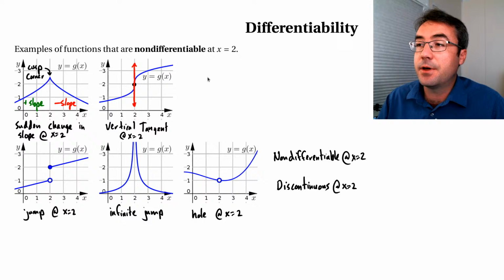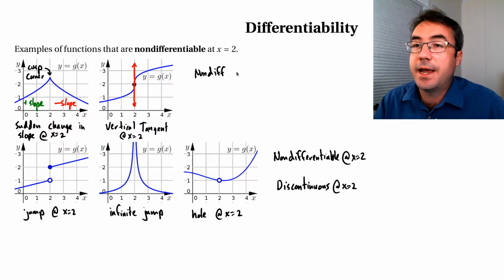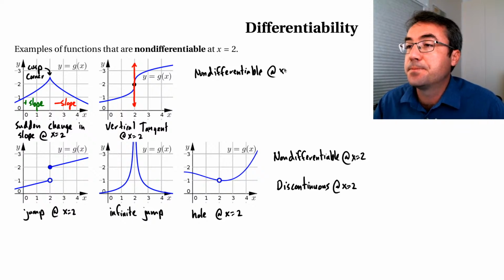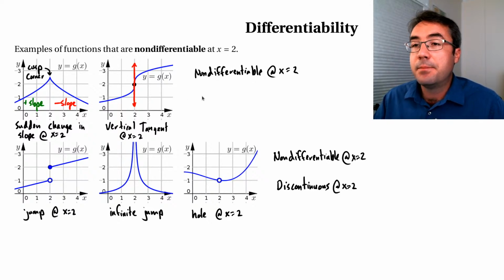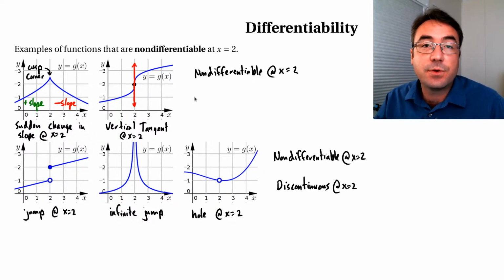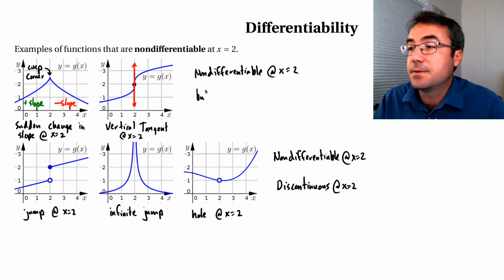Now the two up here, though, these are a little bit nicer. So both of these are non-differentiable. The first one has a corner or a cusp. So there's just a sharp change in the slope. Or in the second one, it was a vertical tangent line. So they're both non-differentiable, but we could draw those graphs in one continuous movement without taking our pen off the page. So these are continuous.